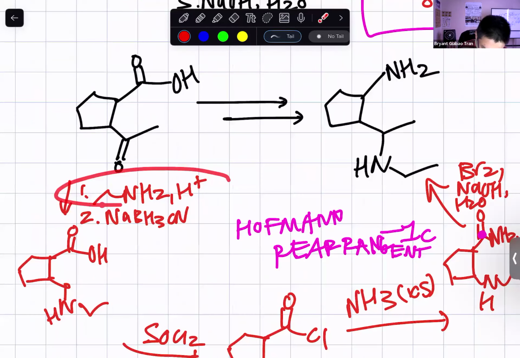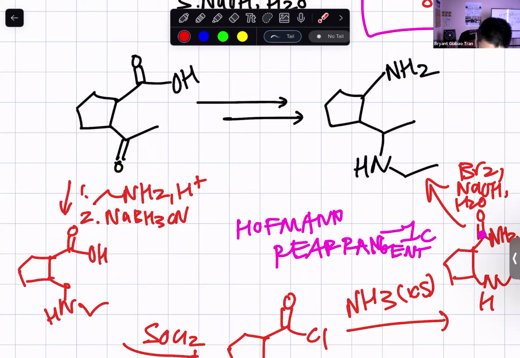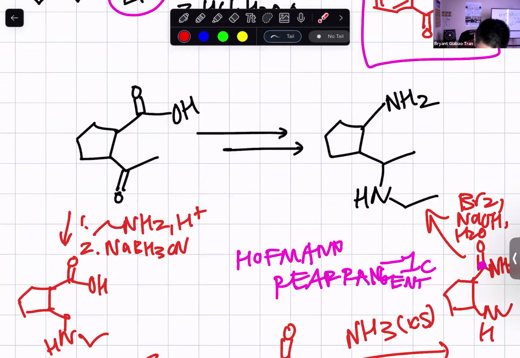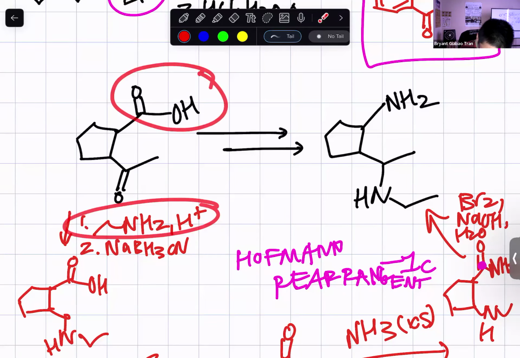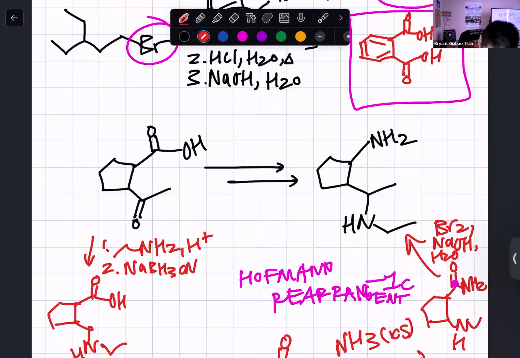This first step, the amine right here with acidic conditions, you were trying to do reductive amination with the carbonyl with the NaBH3CN, but in acidic conditions with amine, wait, actually, no. I just realized, this will still work.